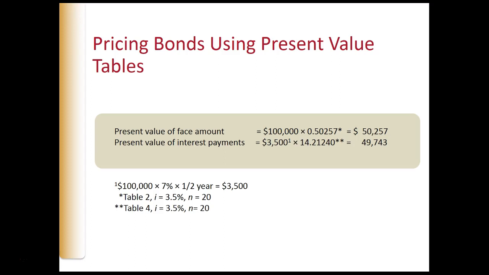We would take that one from Table 2, and then for the present value of the interest payments, we would use Table 4, since that is an annuity. And we would use the factor for the annuity.